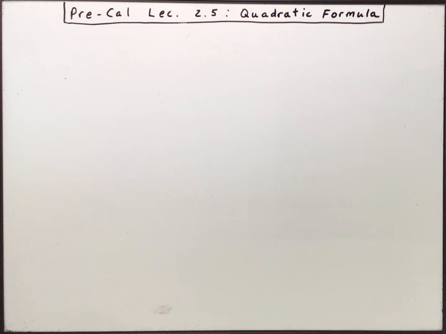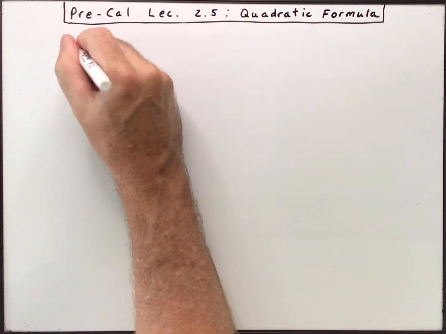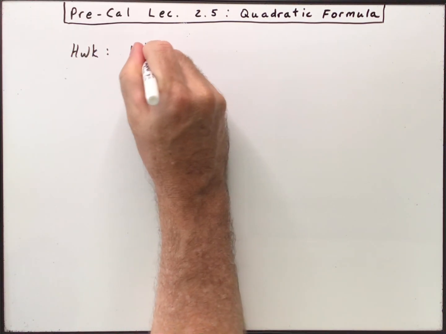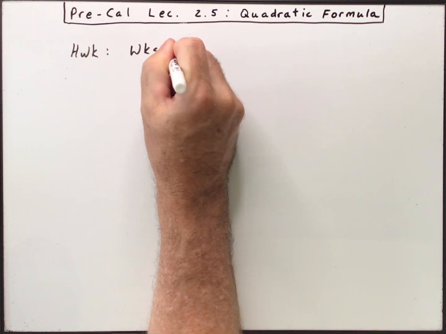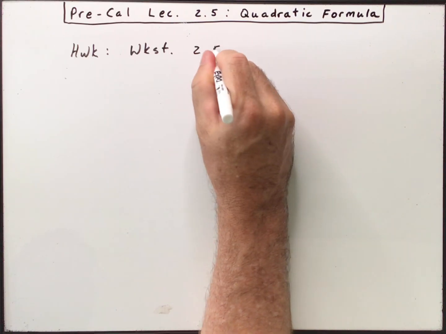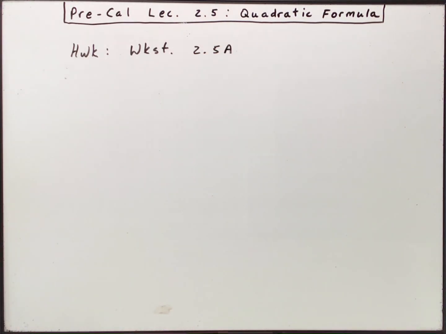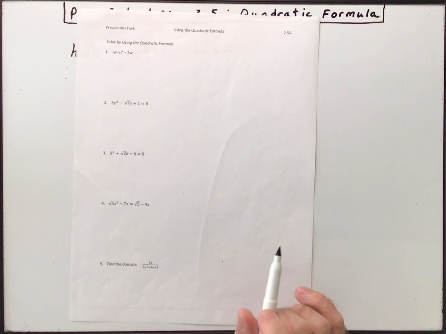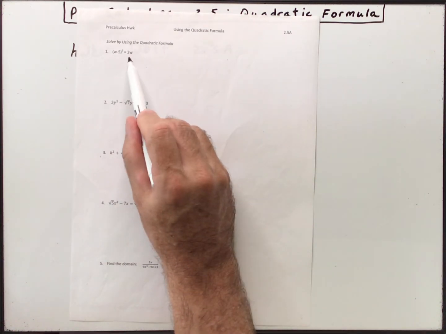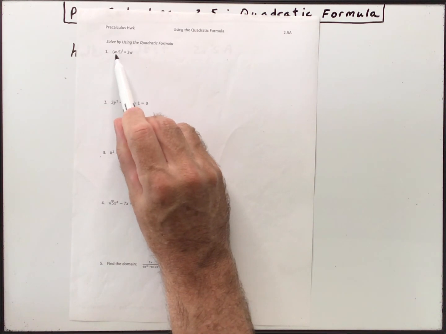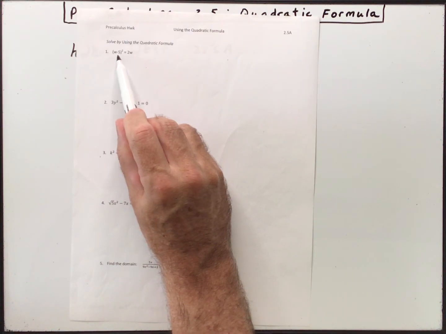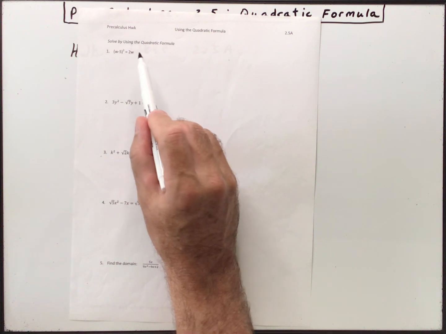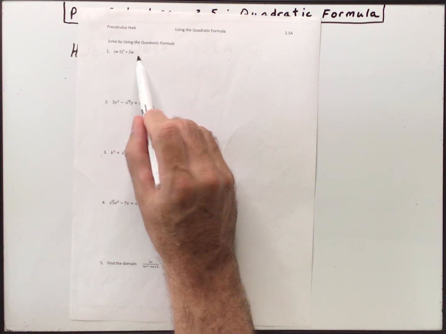So the homework is worksheet 2.5a. There is no 2.5b. And you can see, for example, with this first one, you're going to have to FOIL that w minus 5 squared out and bring that 2w over to the left, combine like terms, in order to get the A, B, and C format.